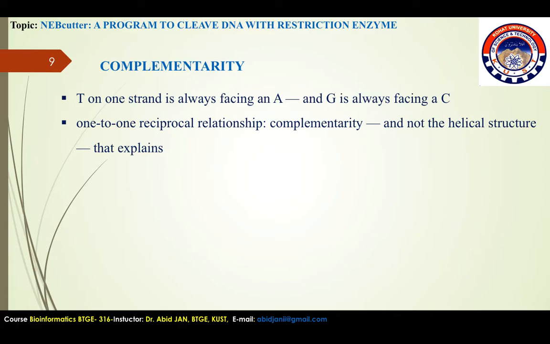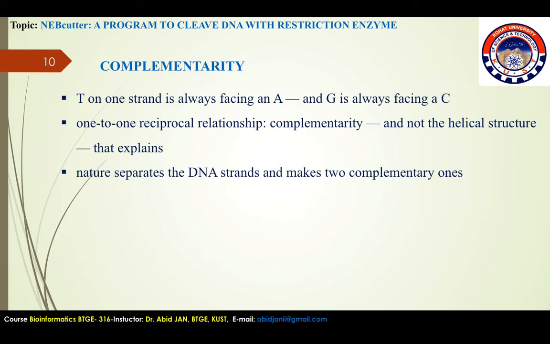When you know the sequence of nucleotides along one strand, you can automatically deduce the sequence on the other one. This amazing property of complementarity, and not the stylish helical structure, is the key that explains everything about DNA sequences.